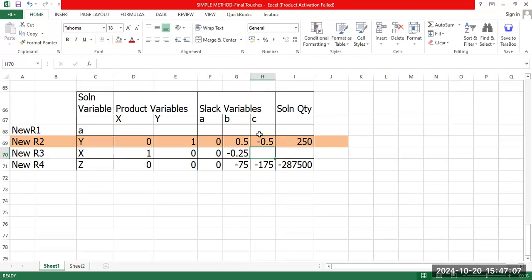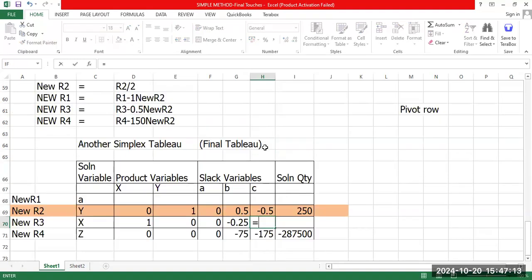Here, C, 500. Let's do this. Sign. This is C.